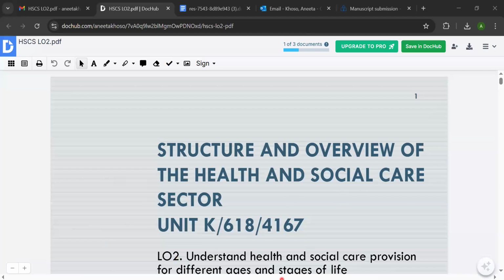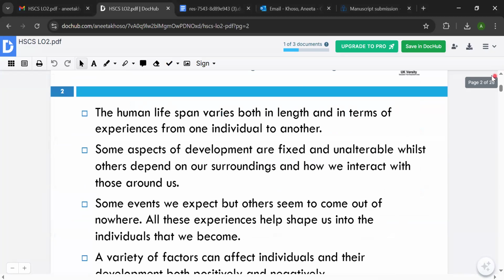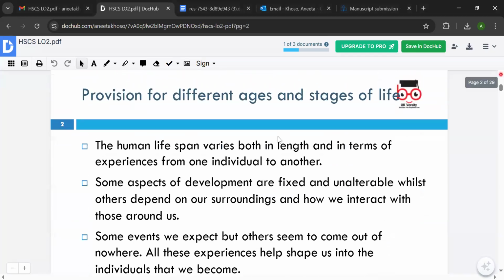So this is the second learning outcome, where we understand health and social care provision for different ages and stages of life. We know that we go through different ages and stages in life. There's an infant who is born, weak in the beginning, then they begin to grow, they hit toddlerhood, then puberty comes in, and then there's adulthood.